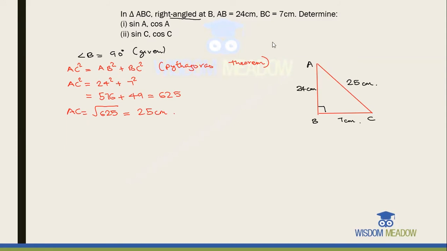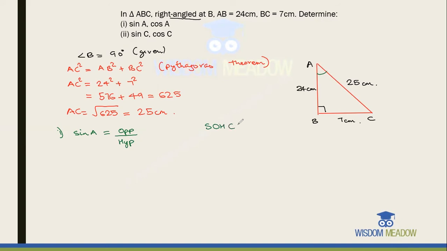Now, answering the first question, we need to solve for sine A. So the acute angle we have to consider is A, because it's mentioned over there, sine A. So with respect to A, the opposite side, because sine is opposite over hypotenuse, using the trick which I mentioned.